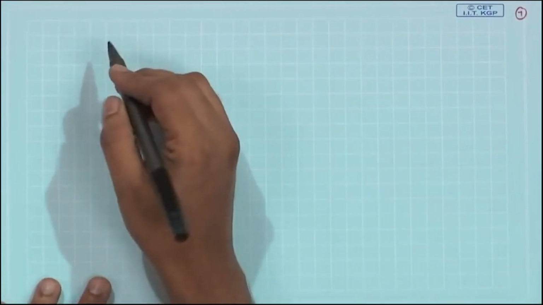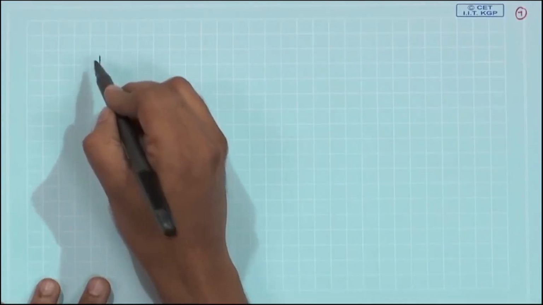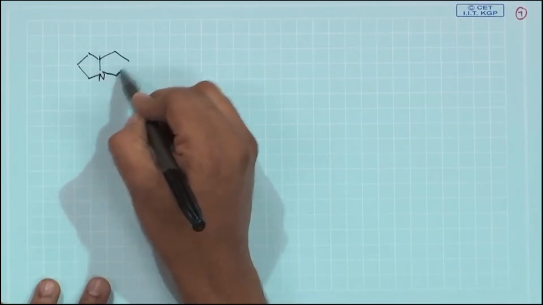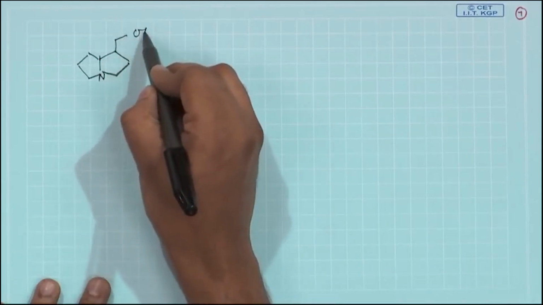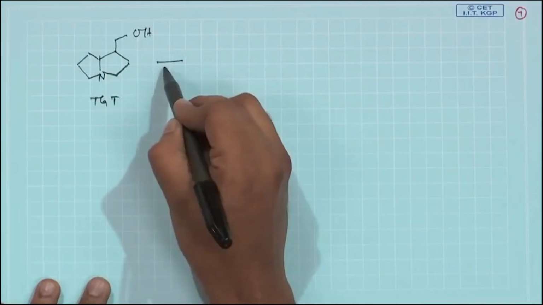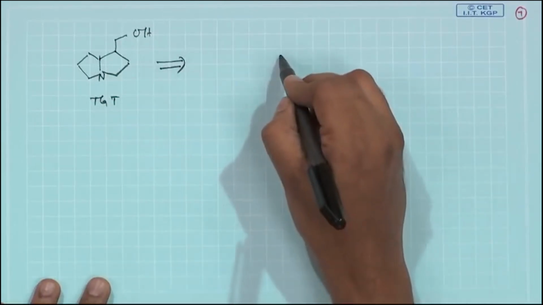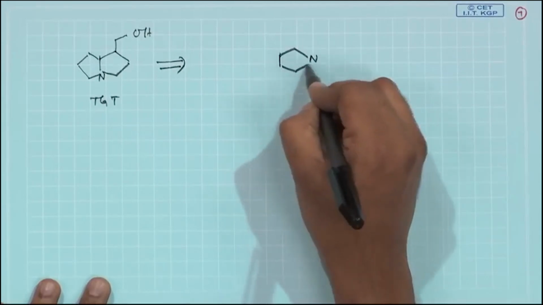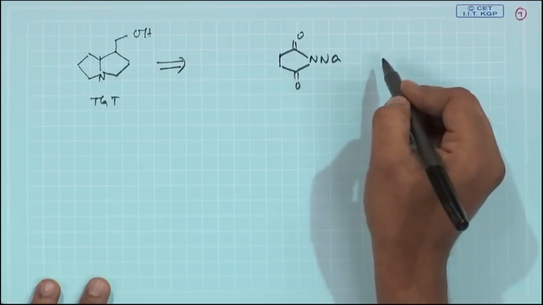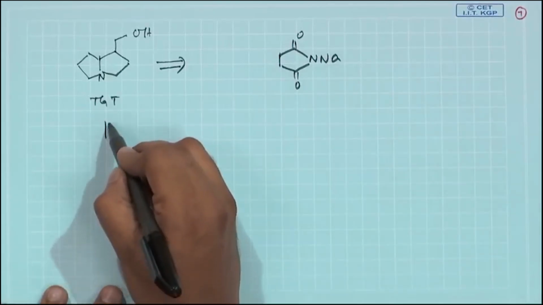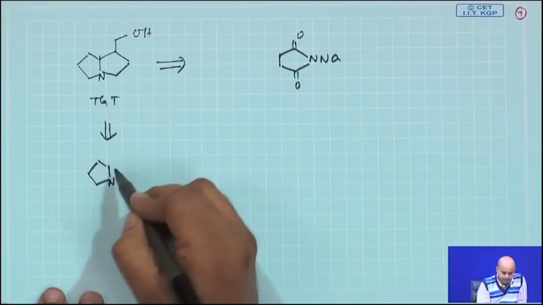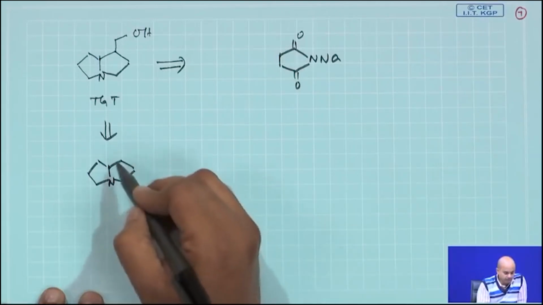We will try to solve another problem which I believe is a little bit complex. This is the target molecule. The starting material given is succinimide, sodium succinimide. As we do not have too much time, we will just do the retrosynthesis in a conventional way.